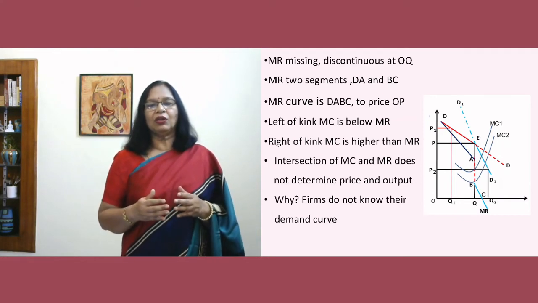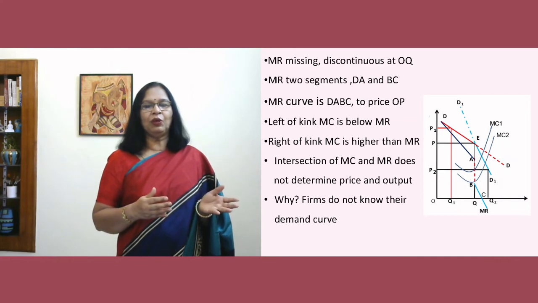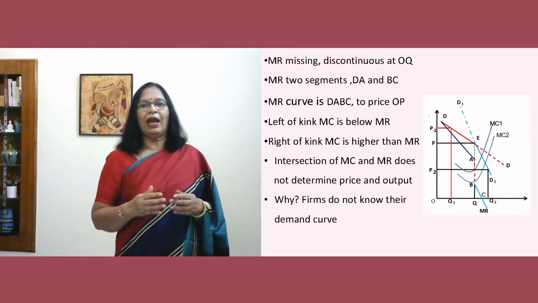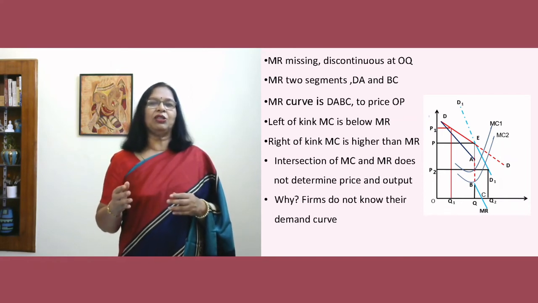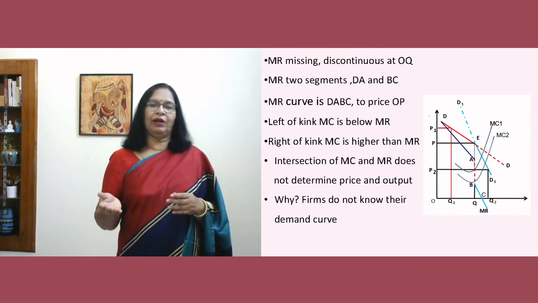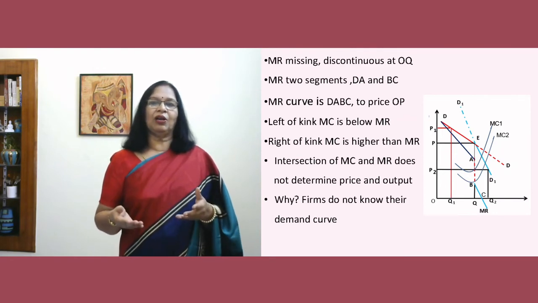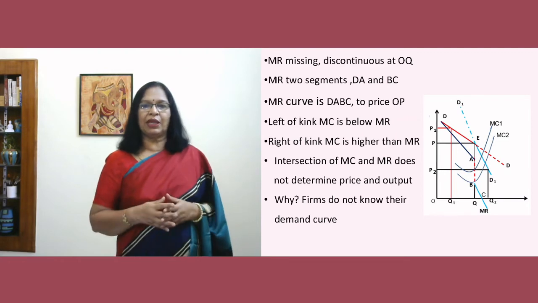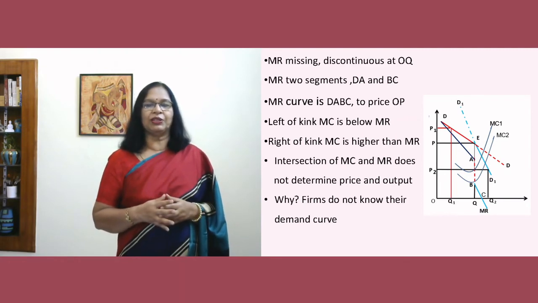The marginal cost curve is below the revenue curve to the left of the kink, and to the right of the kink, the marginal cost curve is above it. And both marginal cost curves 1 and 2 show the same kind of positions.